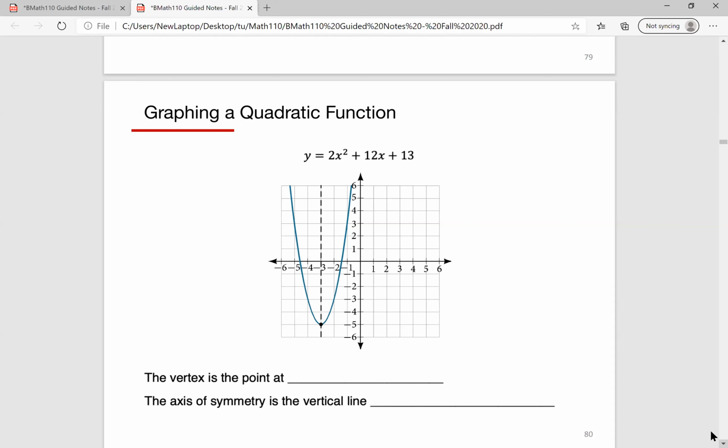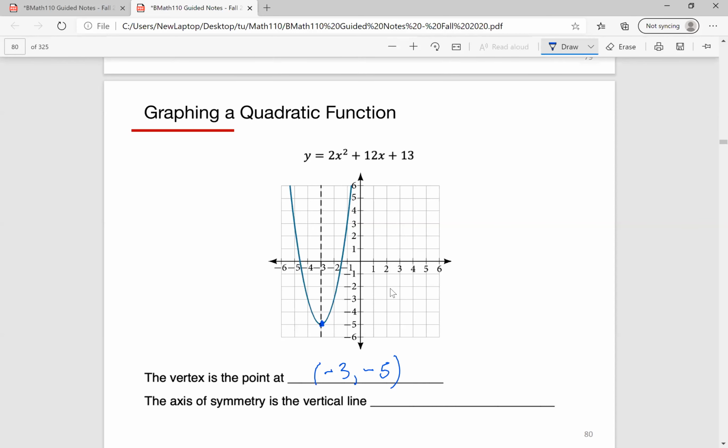First thing, I need to have the vertex, and the vertex from above was negative 3, negative 5, right? So you will try to find the vertex first, which is negative 3 and negative 5. See that? Easily you can find the vertex here.